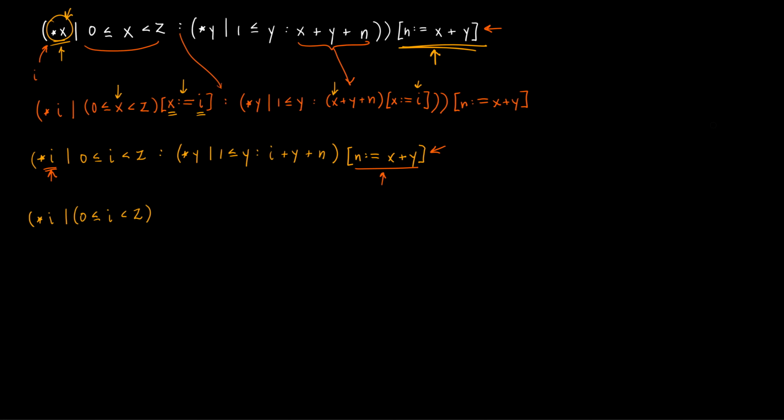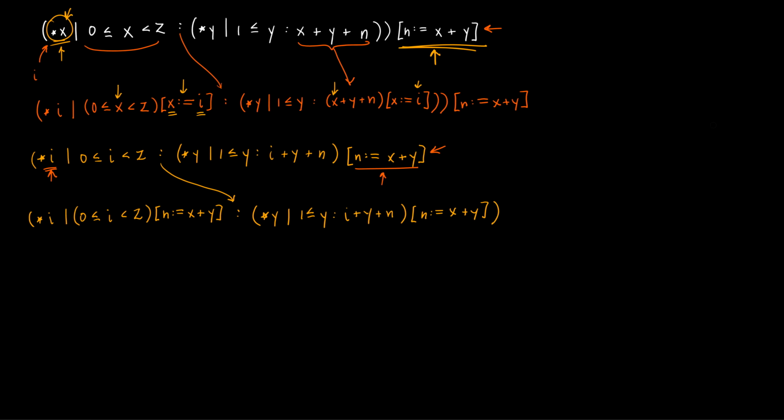We can put brackets around that and then bring in the n mapped to x plus y. We're just going to bring this down here. And now we have the big y quantification. So we're not going to touch anything in there. We're going to have 1 less than or equal to y, I plus y plus n. And then we're going to bring in the n mapped to x plus y.